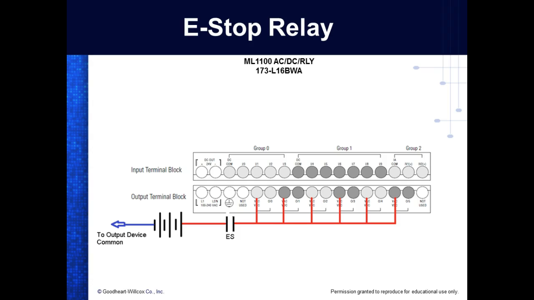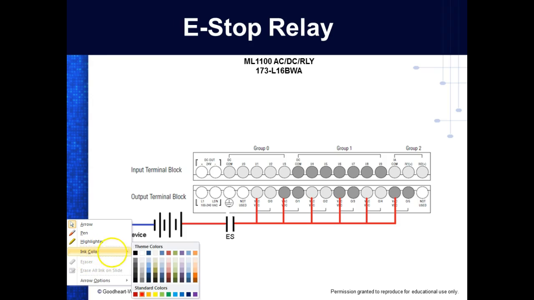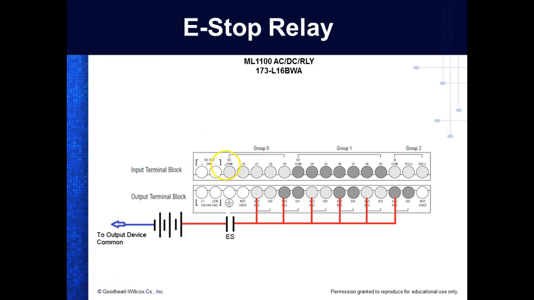You're saying you could kill the inputs as well? Sure, I could come over here. First of all, we'd have to establish a common, right? So notice this is the DC power supply, but I could also use another DC power supply, and I could use this one, in fact.